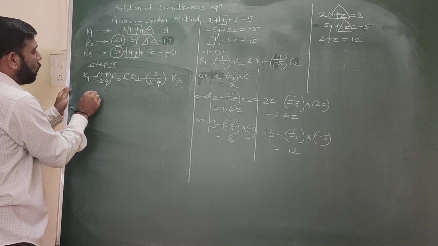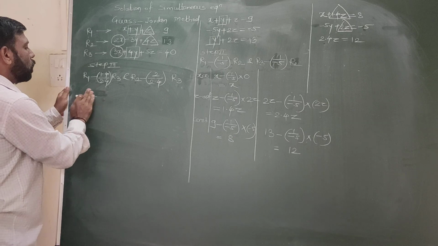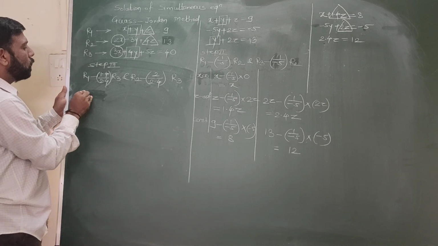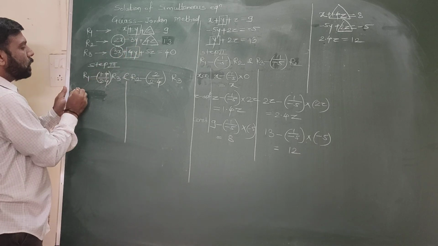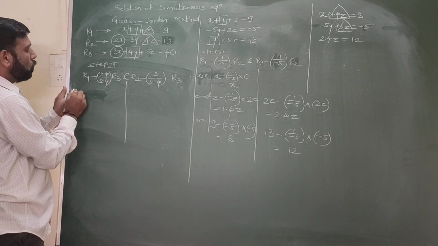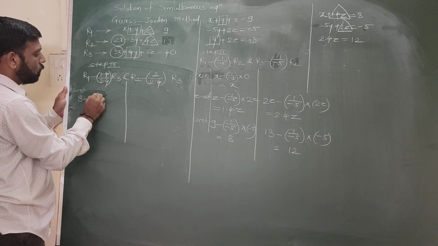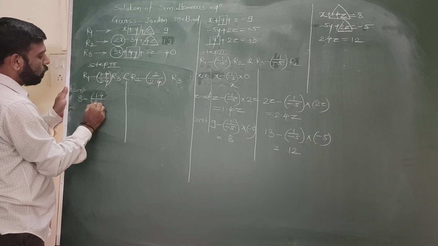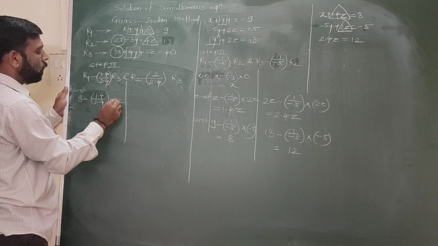Now, after this operation, we'll do the calculation for R1 and R2. X as it is, z becomes 0, and the constant: 8 minus 1.4 divided by 2.4 into its R3, that is 12.